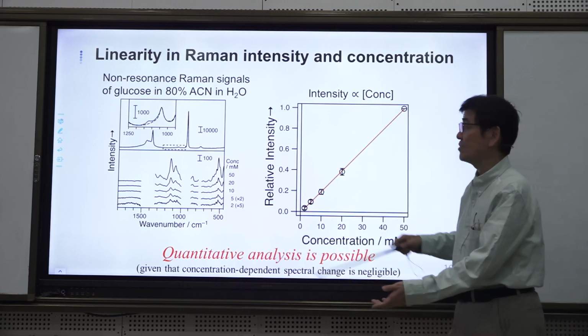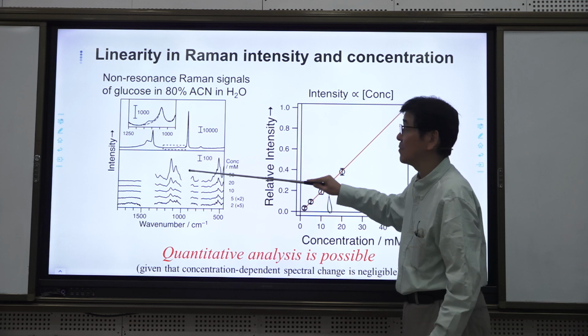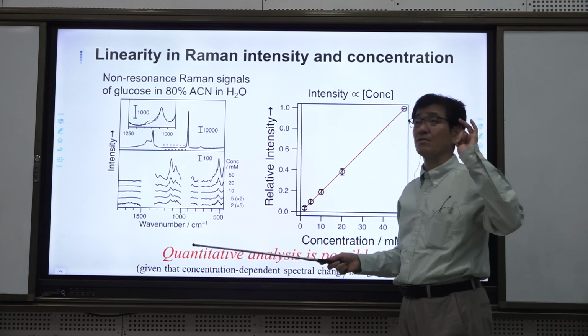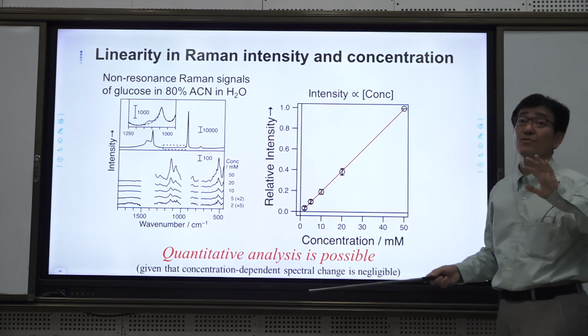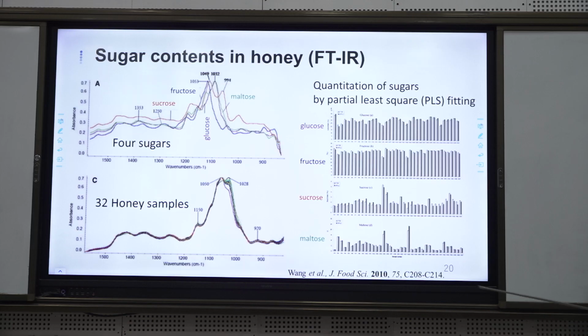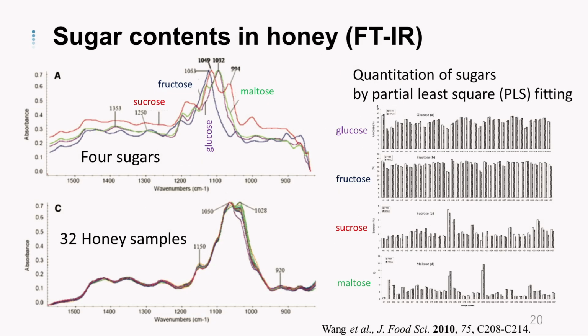And thanks to the unique feature of the intensity pattern, we can distinguish glucose, fructose, maltose, sucrose, trehalose, or other sugars clearly. That kind of analysis is done as a sugar content analysis in honey.